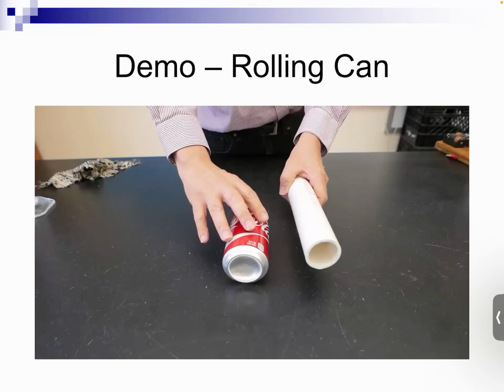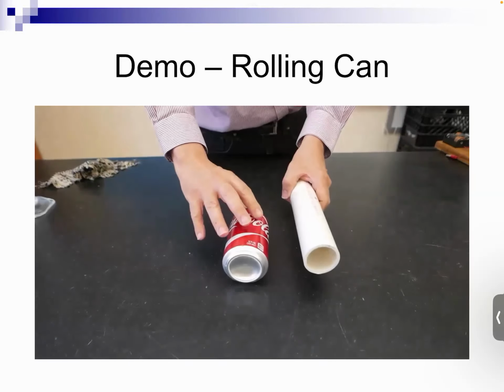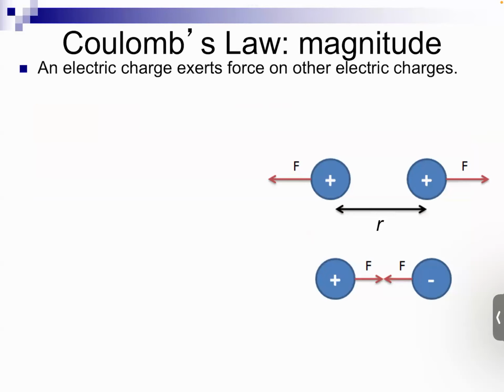Yeah. Force, the keyword, right? It's what makes an object accelerate. So there was force between the balloon and the can, and that made the can move. So the fact that the balloon made the can move is evidence that there is force existing between charges.